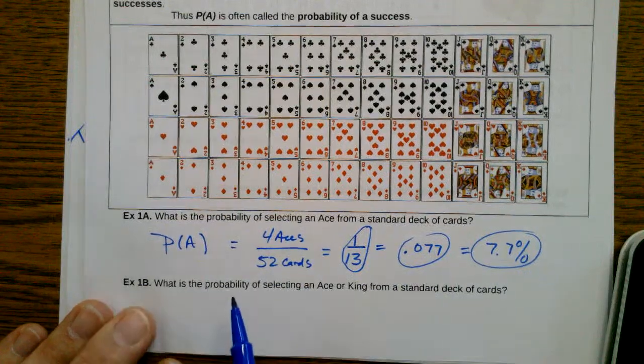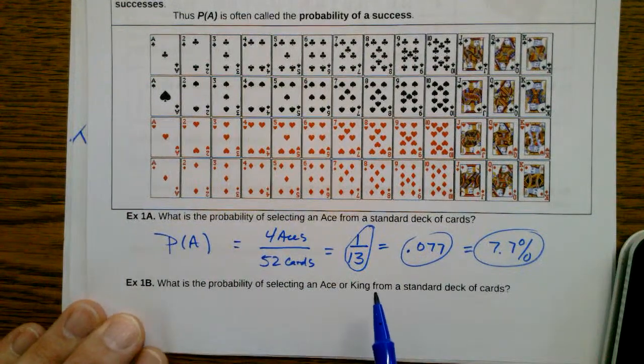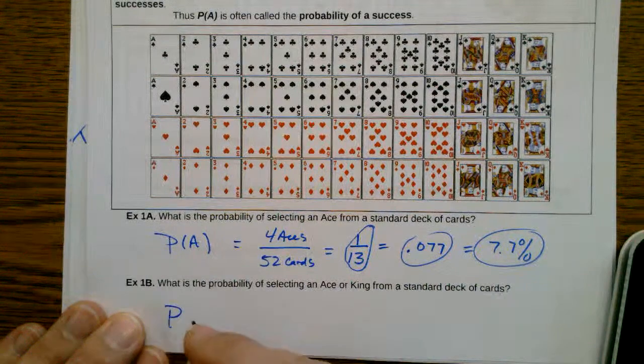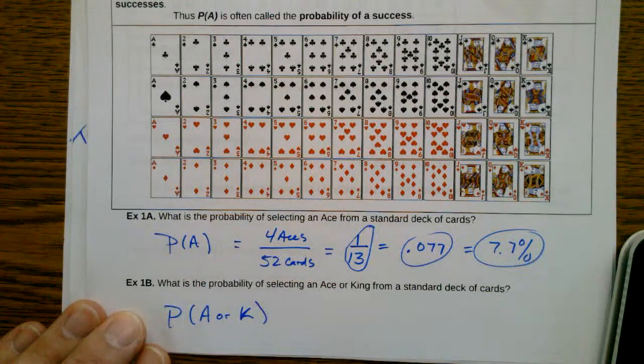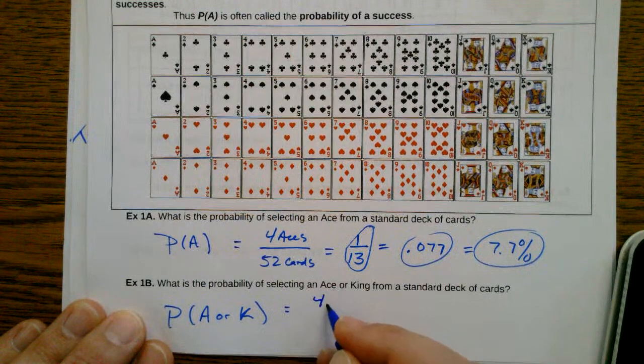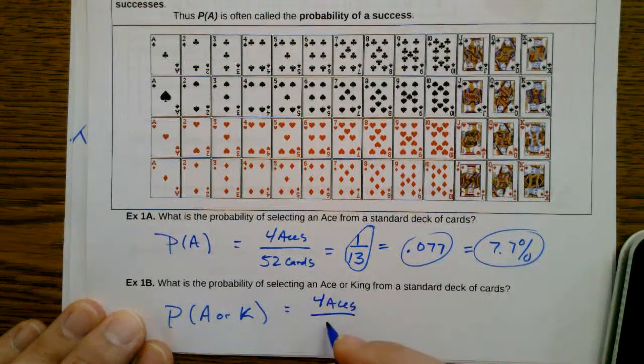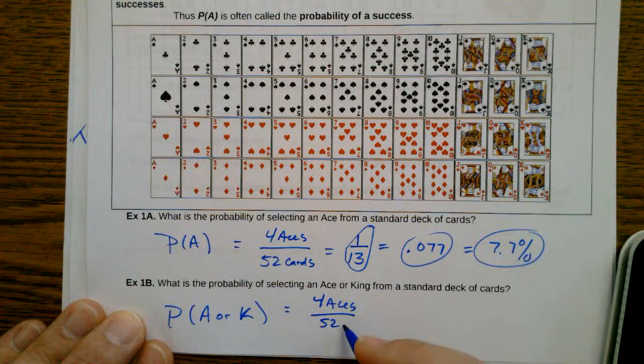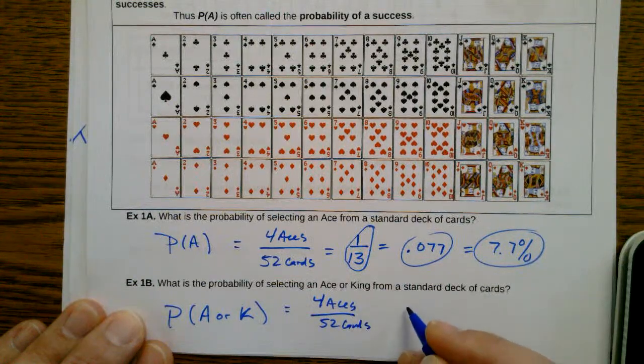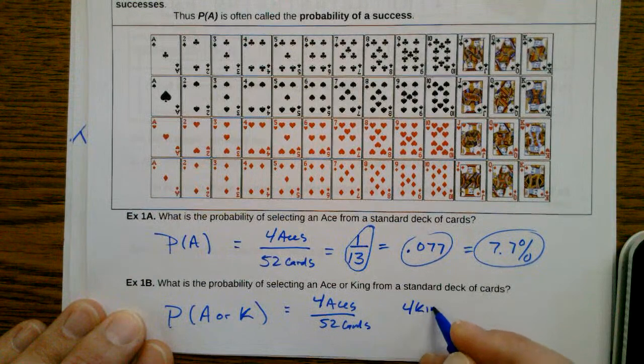For question B, it says, what's the probability of selecting an ace or a king? So what's the probability of an A or a K for shorthand? That's just taking how many aces we have over 52 cards, plus the number of kings that we have, that's 4 out of 52.